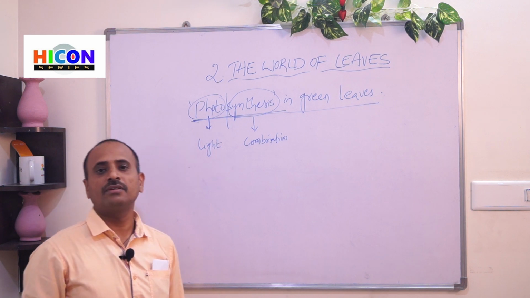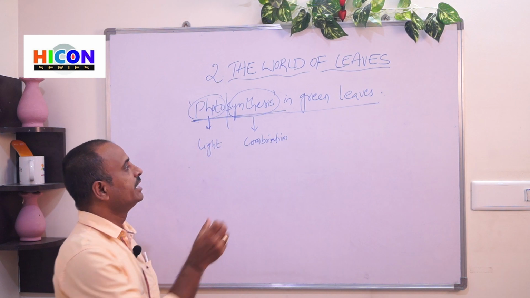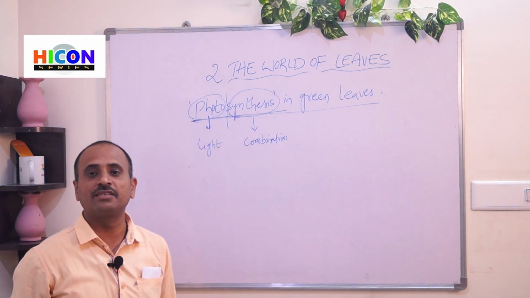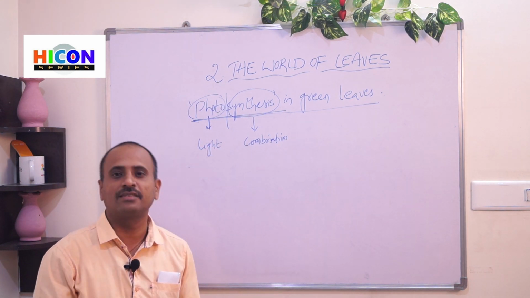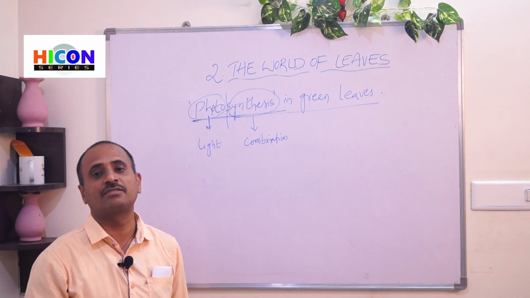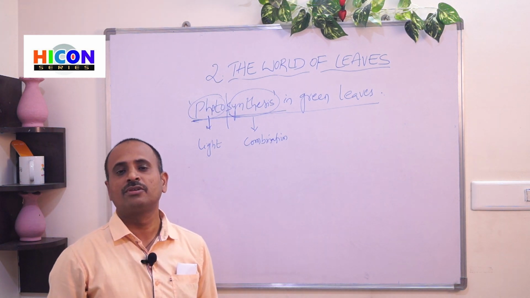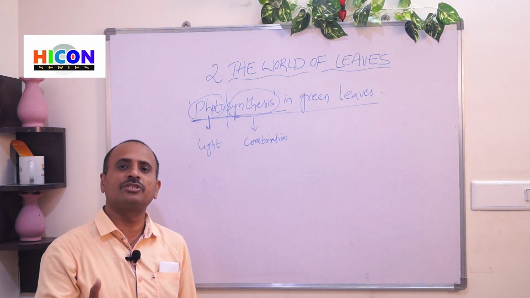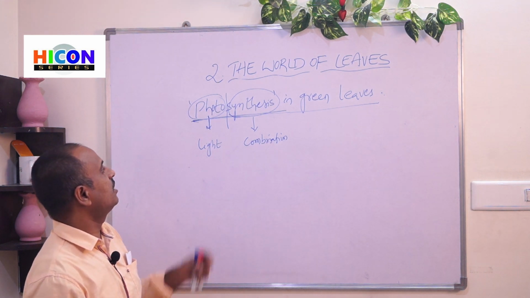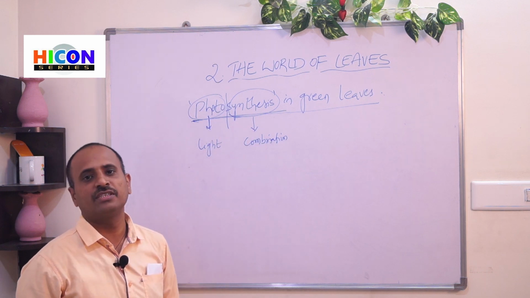So the leaves absorb sunlight, and in the presence of sunlight, the leaves mix the water and the carbon dioxide present in the air and prepare their food. So the process of preparation of food in the presence of light by using chlorophyll is called photosynthesis.